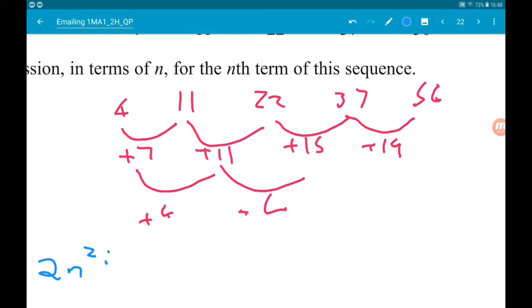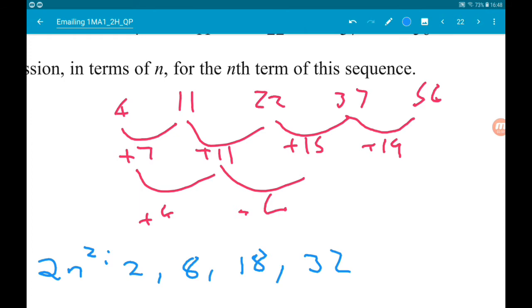So n squared is our square numbers, so we're just doubling our square numbers. So 2 times 1 is 2. 2 times 4 is 8. 2 times 9 is 18. 2 times 16 is 32. Now, to be honest, at that point, that's enough.